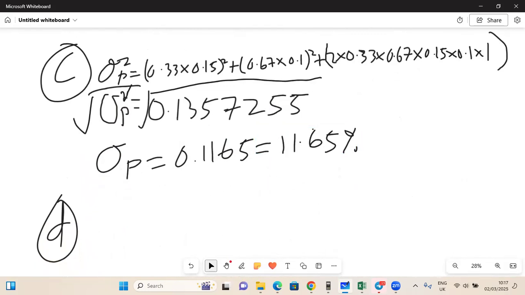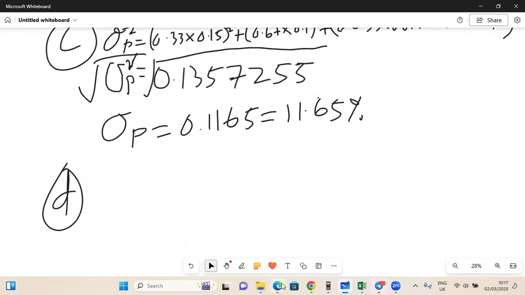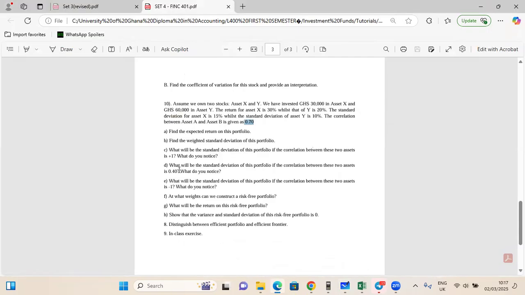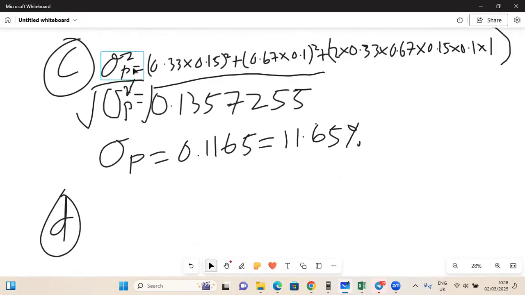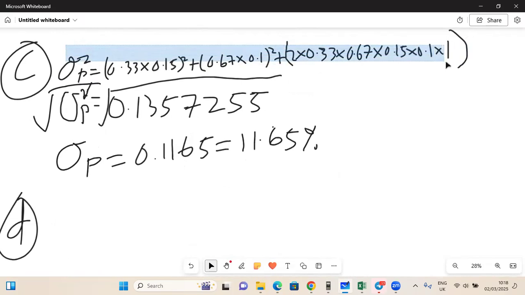So now D here is saying, what will be the standard deviation of this portfolio if the correlation between these two assets is now 0.4? So now here too, we are going to leave everything the same, only the last one that we are going to change. So let me see whether we copy all this. Let's bring this guy.